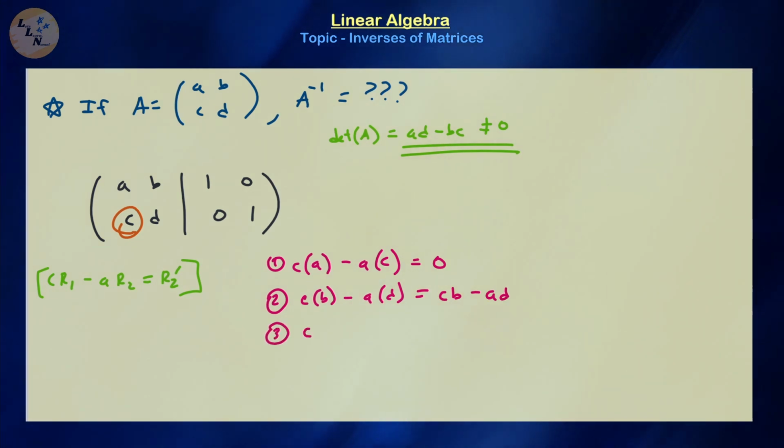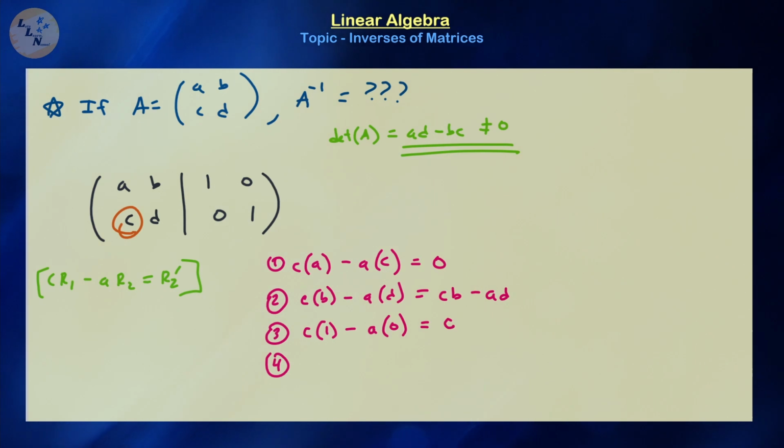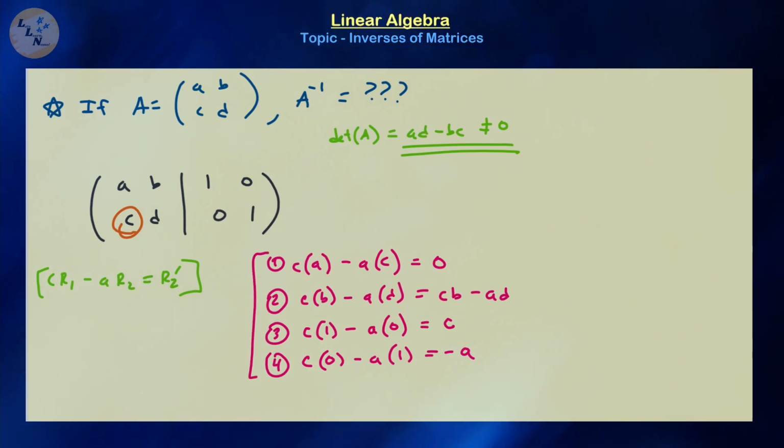And then the third column is going to be just equal to C. And then the fourth column is going to be equal to minus A. So that's going to be the new second row that we're going to achieve from that.